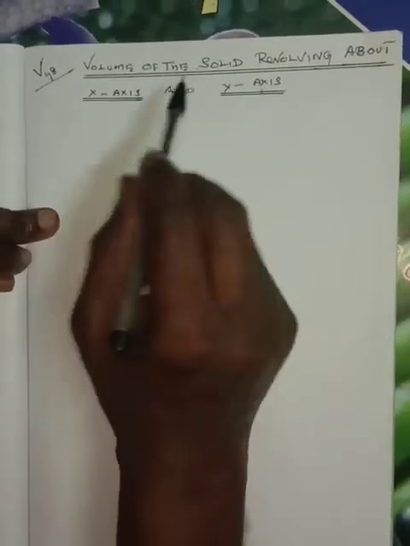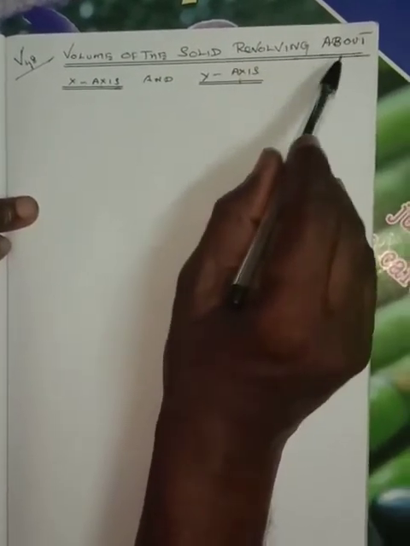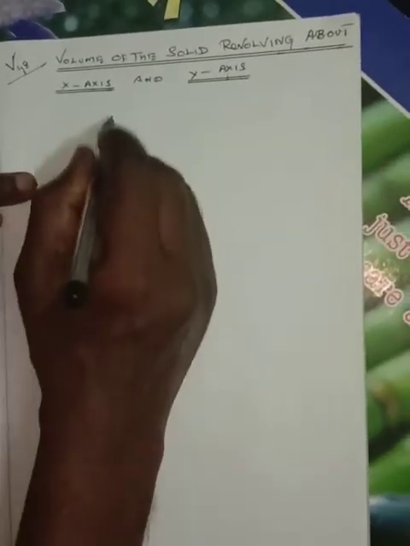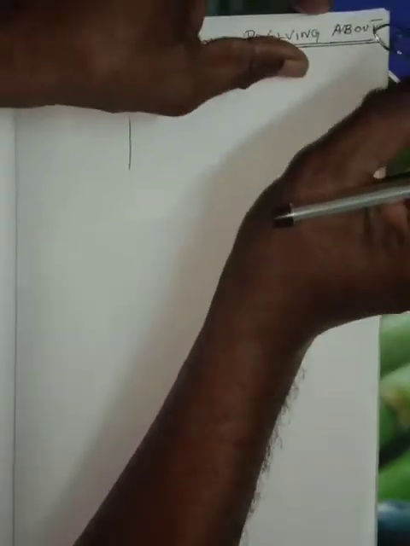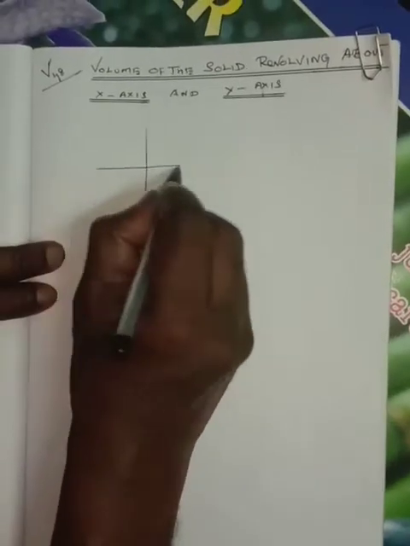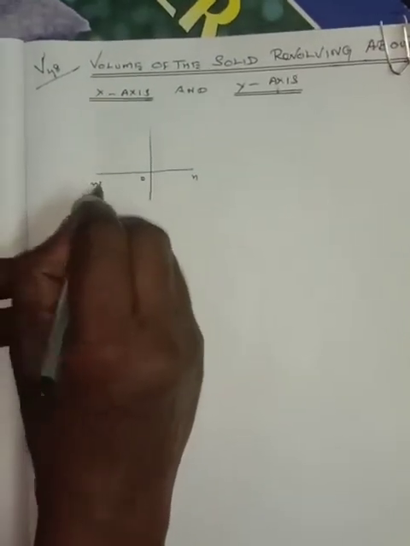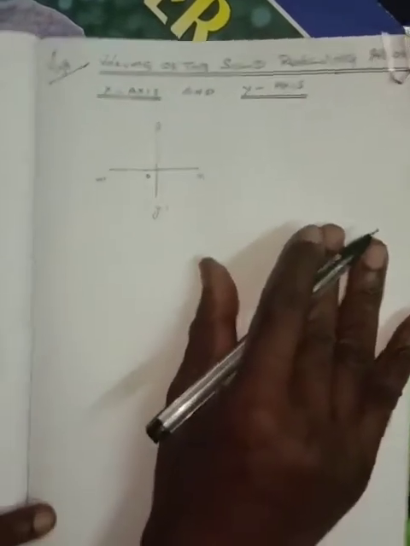Good morning students. Today's topic is volume of the solid revolving about x-axis and y-axis. First draw the axes: x, O, x dash, y, O, y dash.